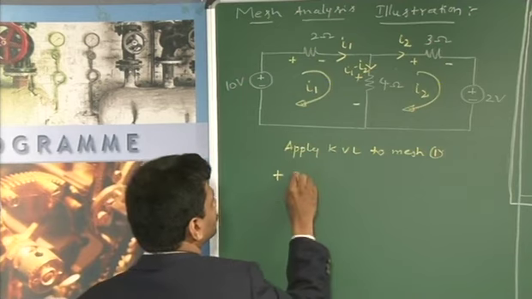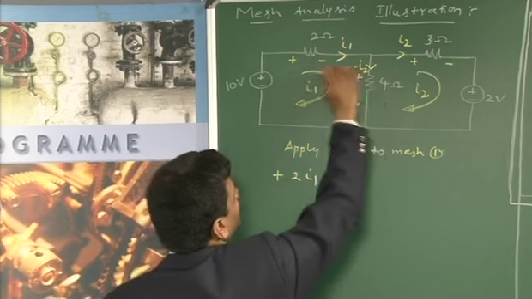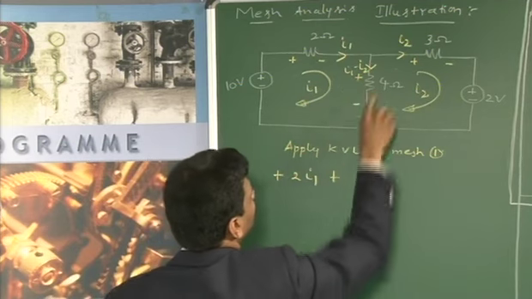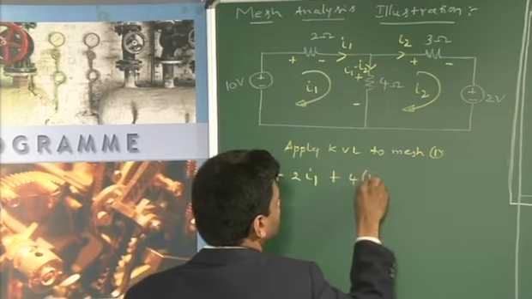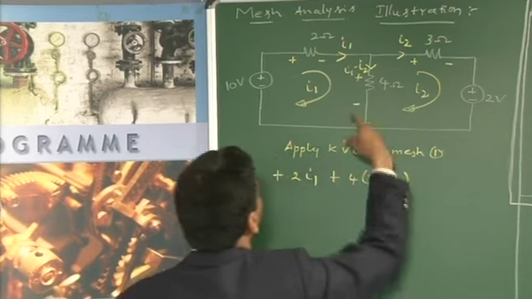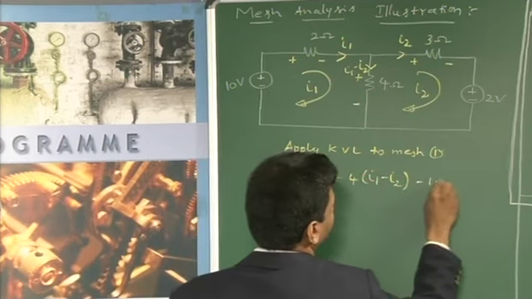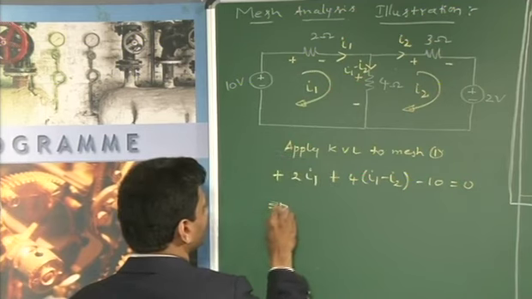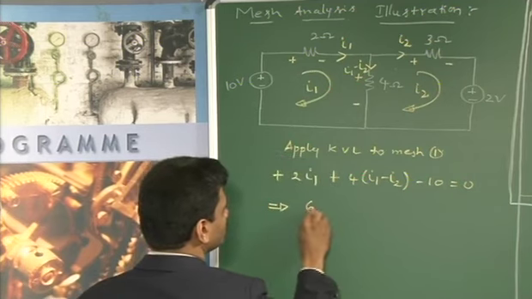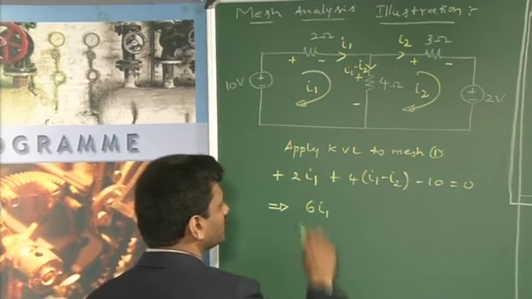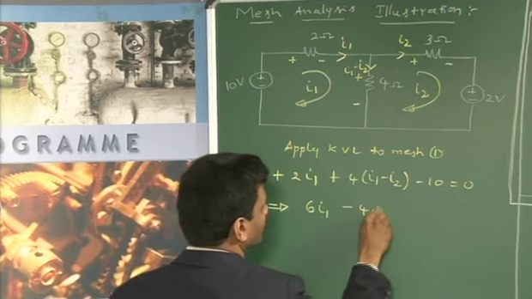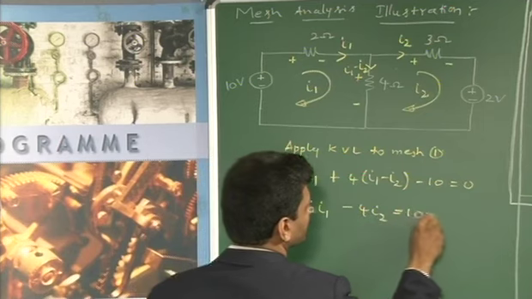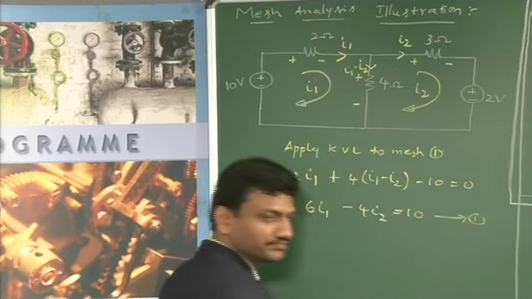So plus 2 I1, and we come here, plus 4 into I1 minus I2, then minus 10 is equal to 0. This can be rearranged to 6 I1 minus 4 I2 is equal to 10. Call this equation 1.